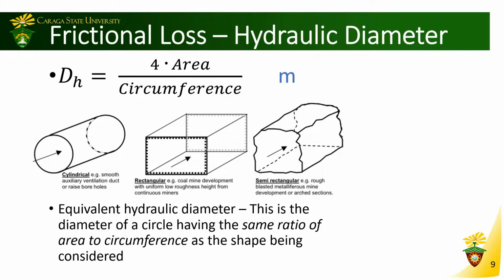The equivalent hydraulic diameter is the diameter of a circle having the same ratio of area to circumference as the shape being considered. So we could just see that the hydraulic diameter has the same ratio of area to circumference as the shape being considered.